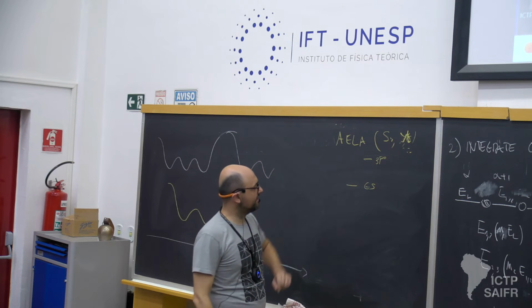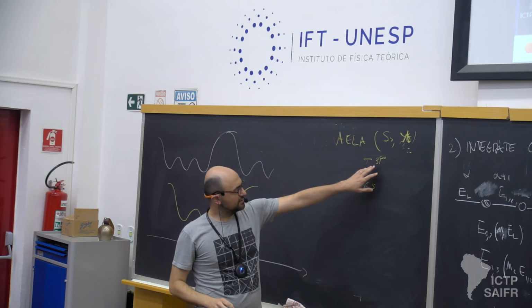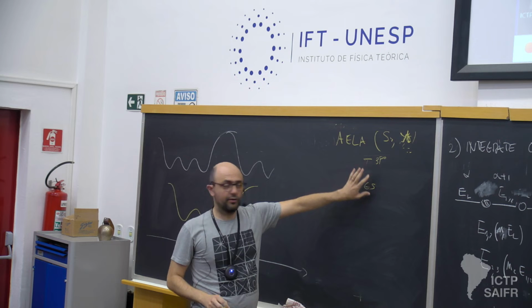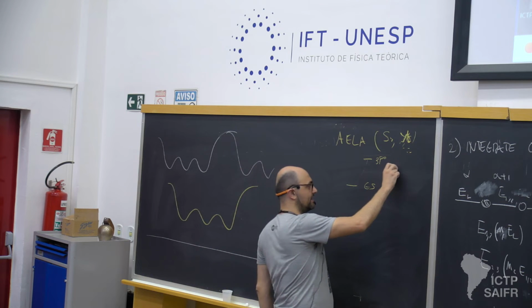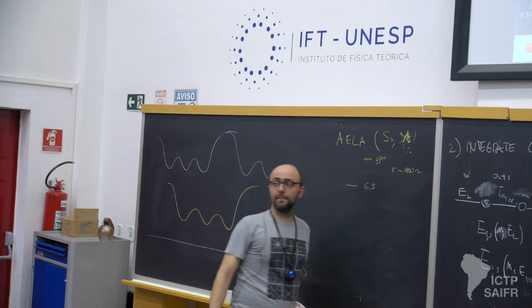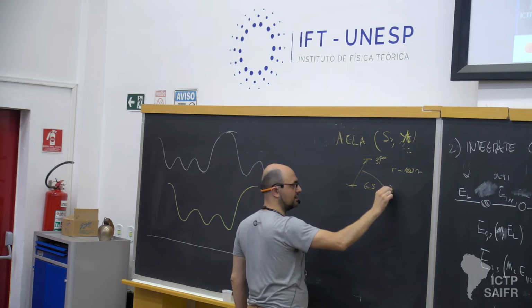And the reason why this is very long-lived is that the decay between this excited state and the ground state is doubly forbidden. So even if you put an atom there, it takes a lot of time before it decays. And typically, the time scales for that are of the order of hundreds of seconds. Okay? This is, by the way, also the same transition that people use in clocks. Okay, it's a clock transition.